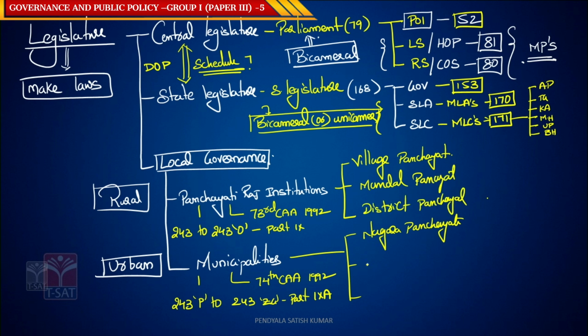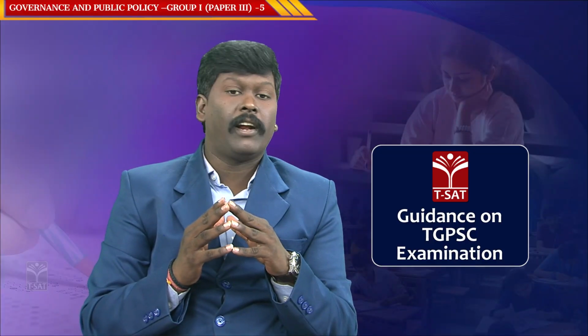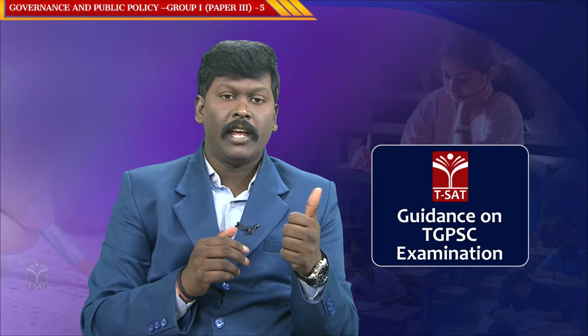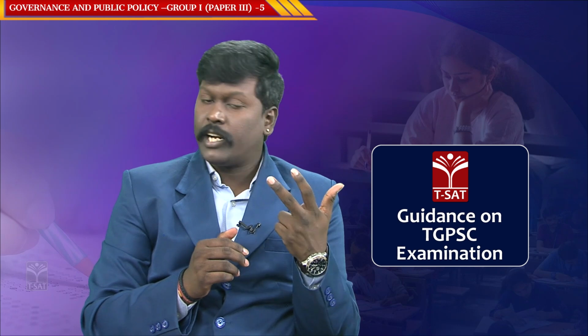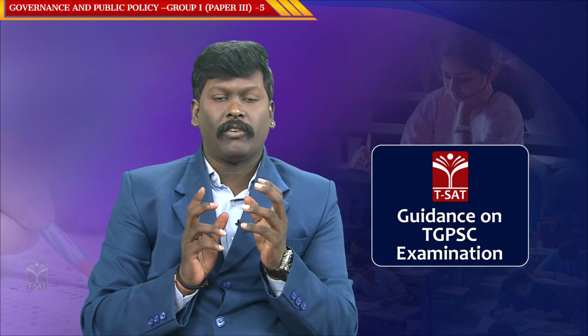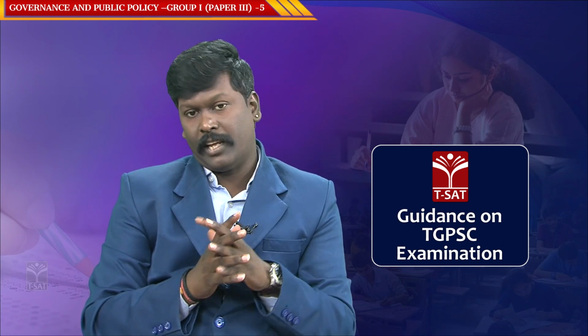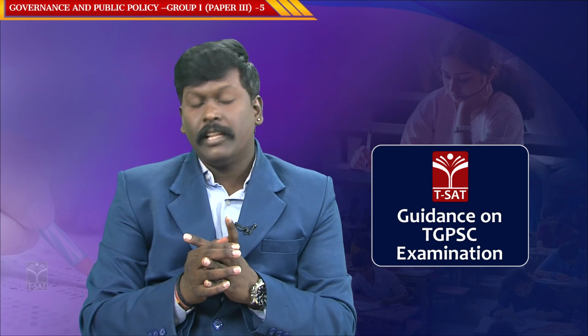The mandal level panchayati is called the intermediate level panchayati according to the act. Then we have municipalities, which can be divided into 3 types: Nagara Panchayati, municipal council and municipal corporation.